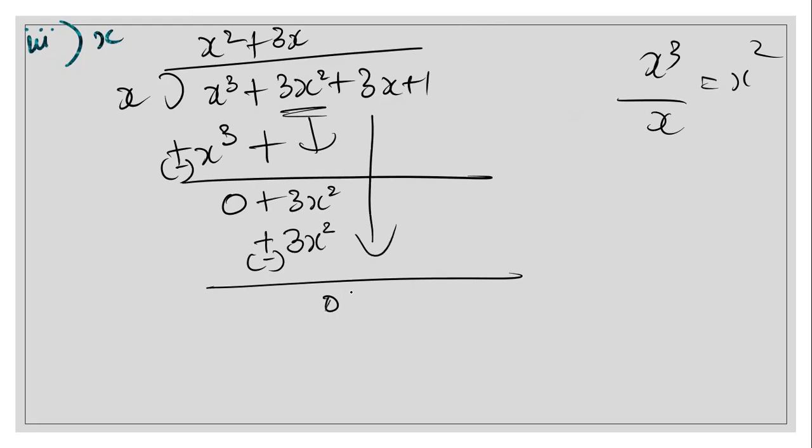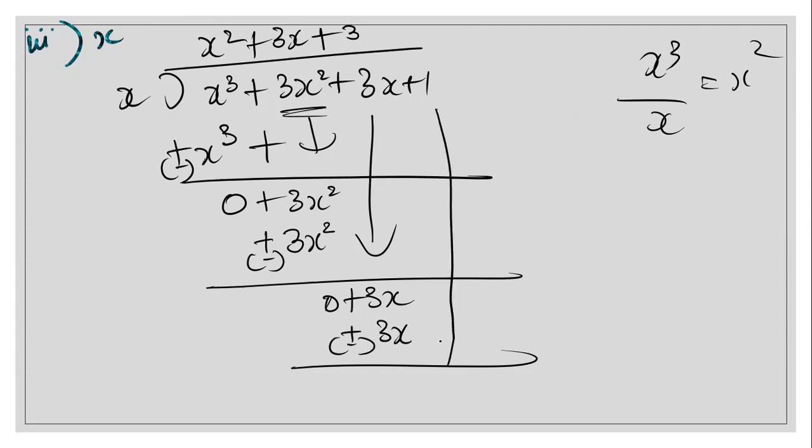Similarly, bring down this plus 3x divided by x. 3x divided by x is nothing but 3, right? 3 into x is 3x. Then again plus will become minus. Then bring the 1 down here. So 1 divided by x is nothing but 1 by x, right?